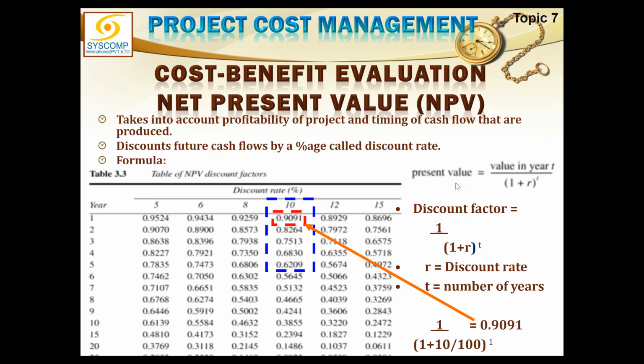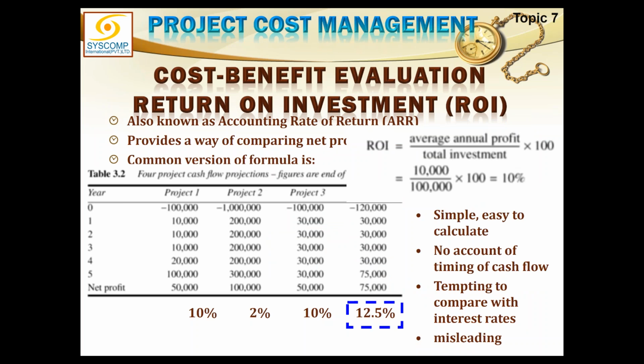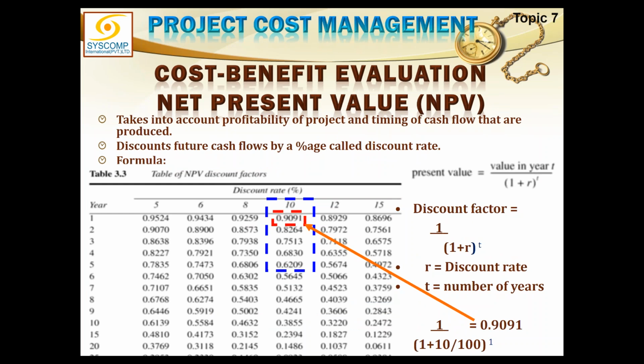Okay. Now talking about the compound interest. Compound interest is exactly the opposite of this philosophy. It means I am not putting in any money into the bank right now. I am expecting a payment of 100,000 after 1 year.